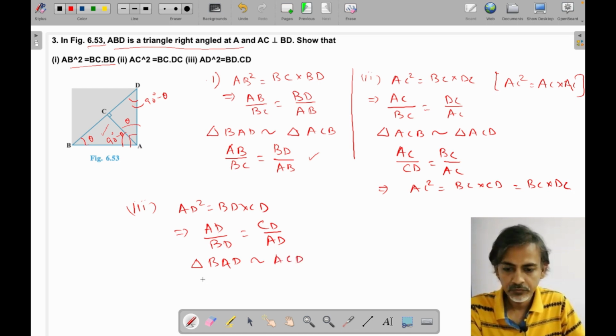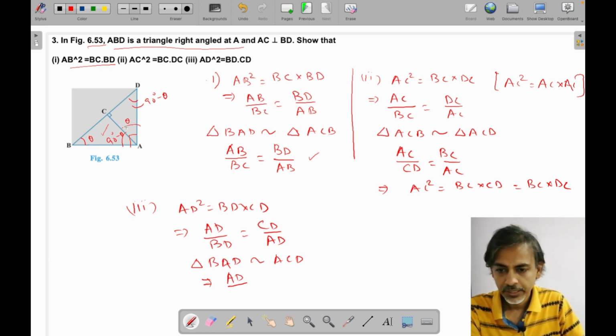In this bigger triangle, we are getting AD, which is opposite to angle theta. So we'll write AD, and then in the smaller one, what is available against theta is CD. So we'll write CD, and then we have to work with BD.